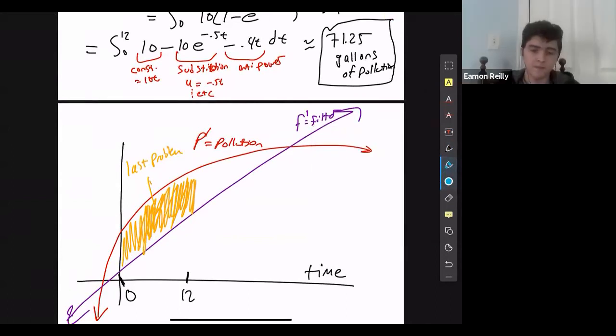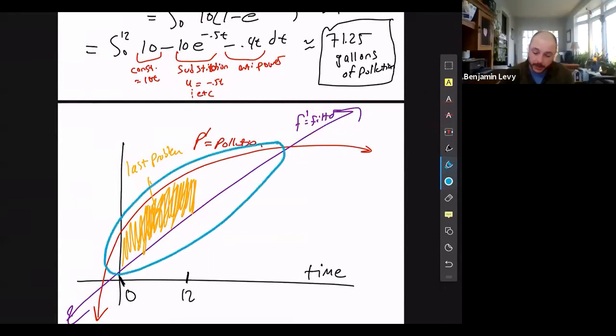Yeah, exactly. So this whole piece in here, where the pollution is bigger, we could describe that as the pollution is going up. It's building, right? But then when they intersect, the filtering and the pollution rate are the exact same at that moment, right? This is P prime equals F prime.